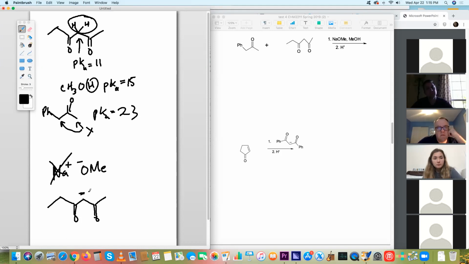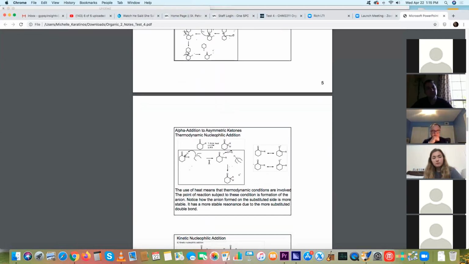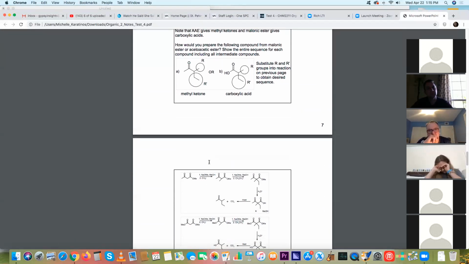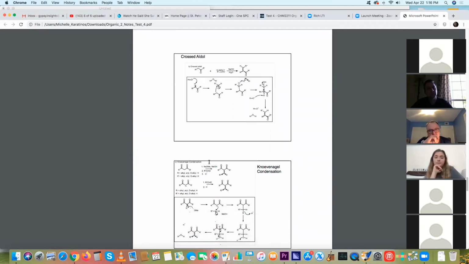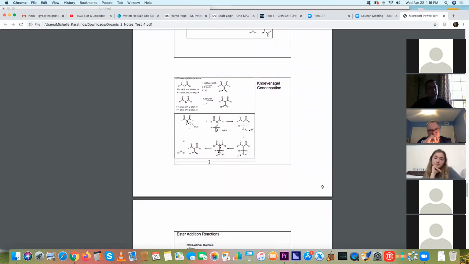So let me see if I can pull this up here, the Knoevenagel. There we go, here he is. So you can see in the first step, you've got the OMe minus that takes the hydrogen off there. And then in the next step, that negative charge comes in and attacks the C double bond O from the other portion.